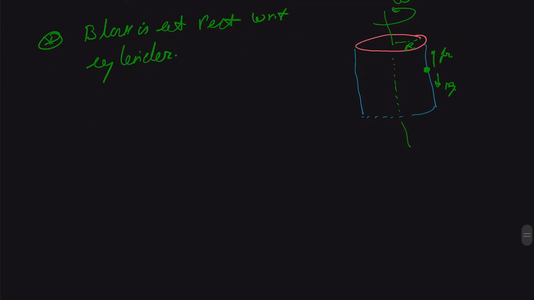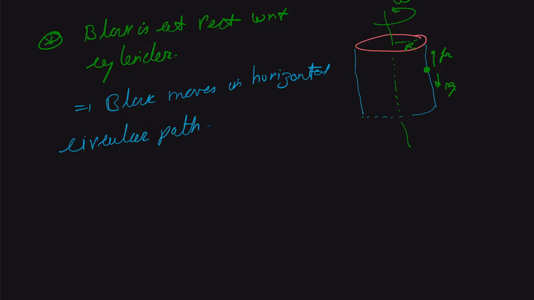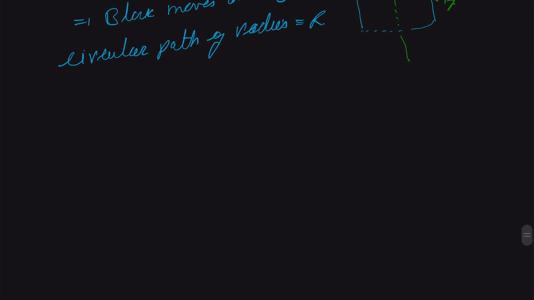It means that the block moves in a horizontal circular path of radius R and angular speed equal to omega.